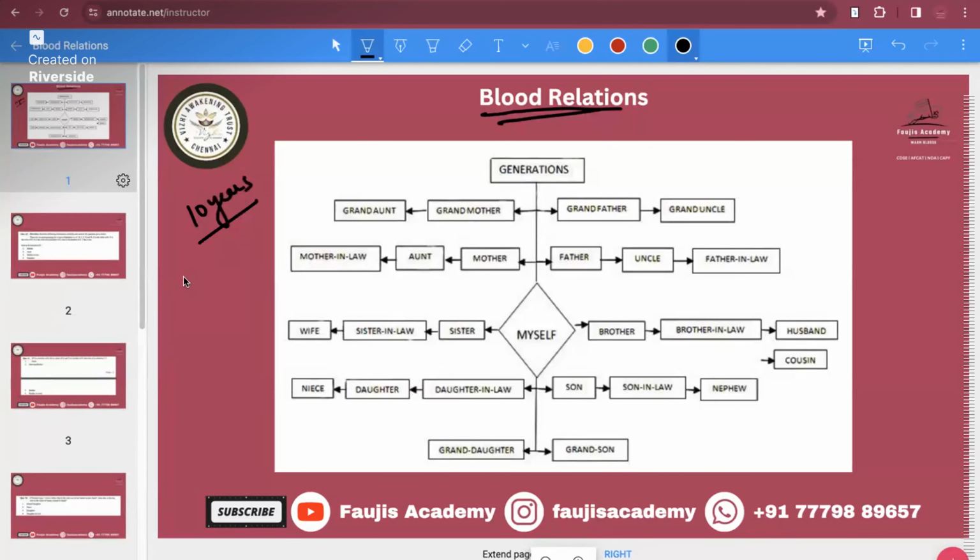What I observed is that in the old times, this type of blood relation question was much less prevalent. Now, in the recent past, they have started asking questions.